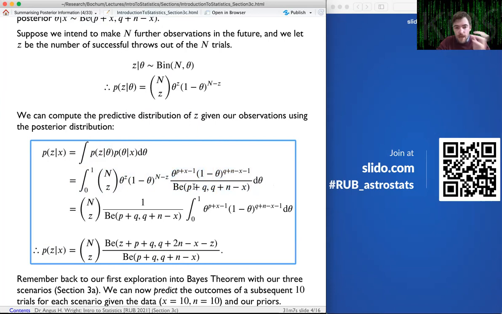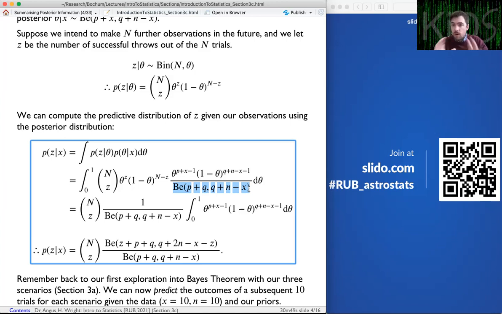And you can then rearrange this. So this thing on the denominator here is what we call the beta function, not the beta distribution, the beta function. It's just a way of combining the gamma functions that sit at the front of the beta distribution.